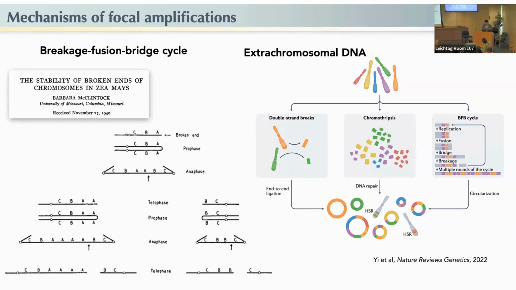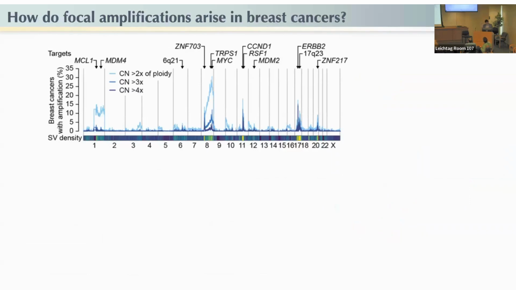And so this is what we see, but how do they really happen? And so I like to just tell you how we looked at this complex patterns of rearrangement and figured out one pathway through which this occurs. So this is just looking at breast cancers and looking at frequent regions of frequent amplifications.